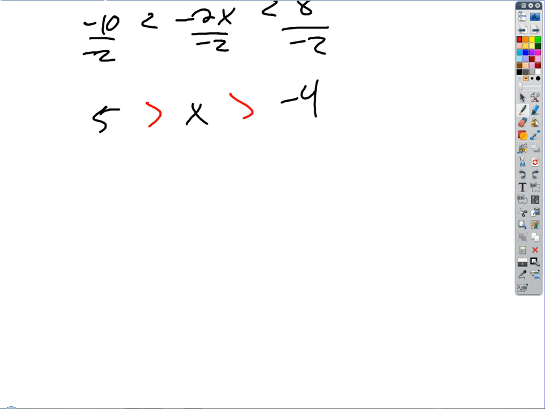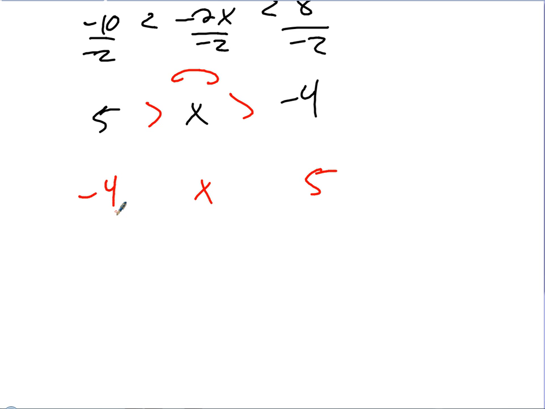Negative 4 is less than 5, so the lower limit should be on the left. The upper limit should be on the right. So we'll just take the whole thing, flip it around, so the x stays in the middle. The negative 4 ends up here, and the 5 ends there, and the signs get flipped. So that's our answer. Okay? We good? Okay? Good. Yeah, I think so.